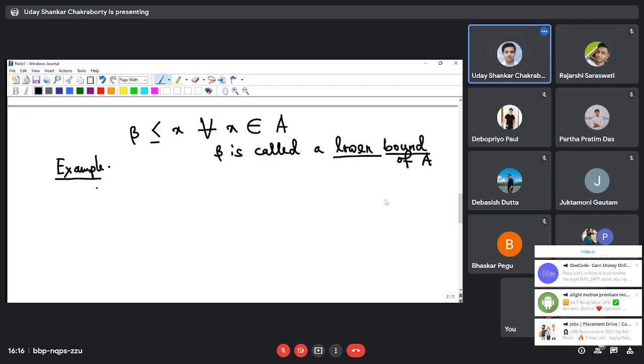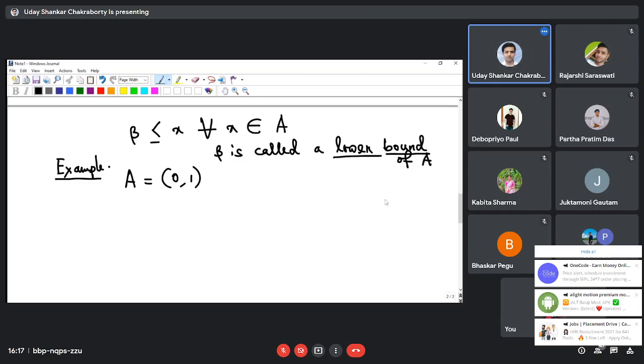So if I consider my A is again the open interval 0, 1. Now let me ask somebody. Kavita, is the set bounded below? Yes, sir. Can you give me a lower bound? 0, sir. Fine, very good. Please mute.